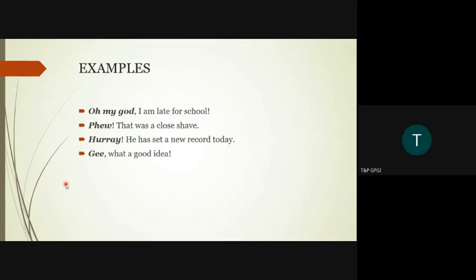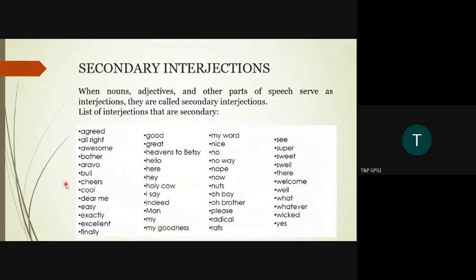Secondary interjections are where a noun, adjective, or other part of speech serves as an interjection. The list includes agreed, all right, awesome, bother, cheers, dear, easy, exactly, excellent, finally, good, and the list goes on. We have so many, like holy cow.